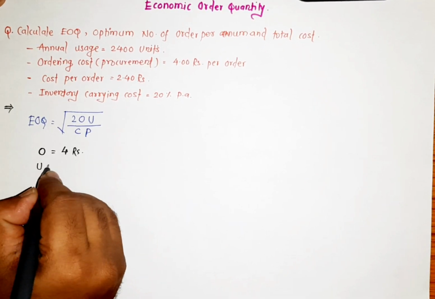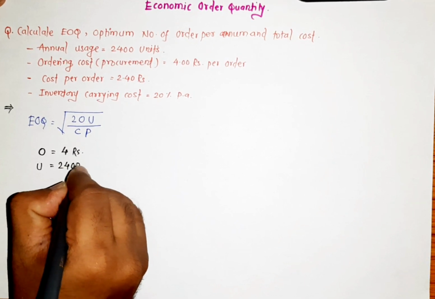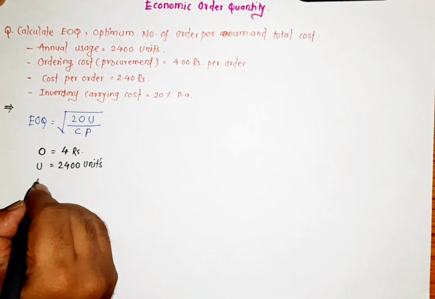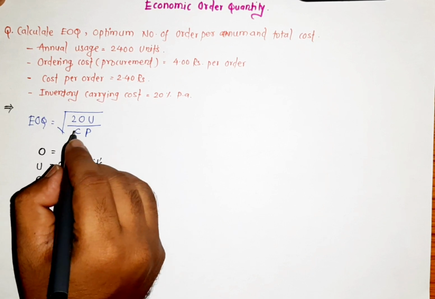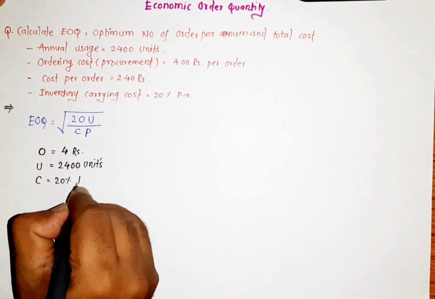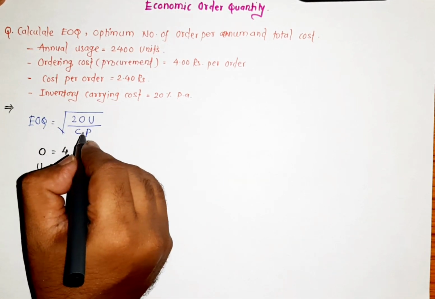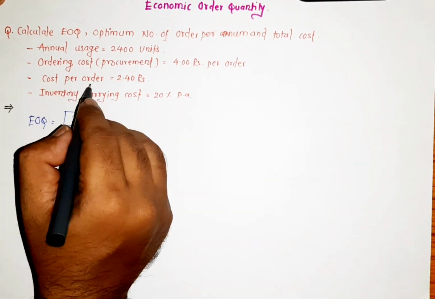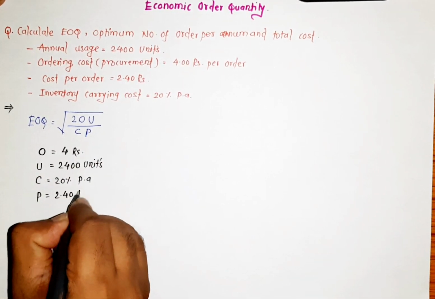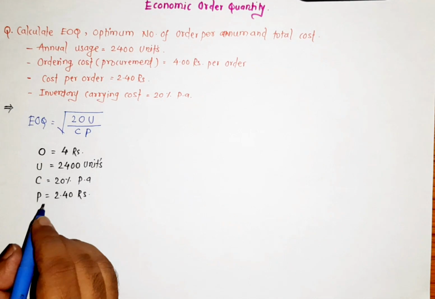U is the annual usage, so U is 2400 units. Next is C. C is your inventory carrying cost, which is 20% per annum. And P is our cost per order. So here the P value is 2.40 rupees.